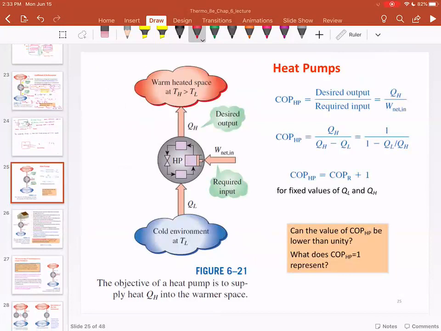So here is the equation that we just derived for the heat pump and the refrigerator. COP of heat pump is equal to COP of refrigerator plus 1.